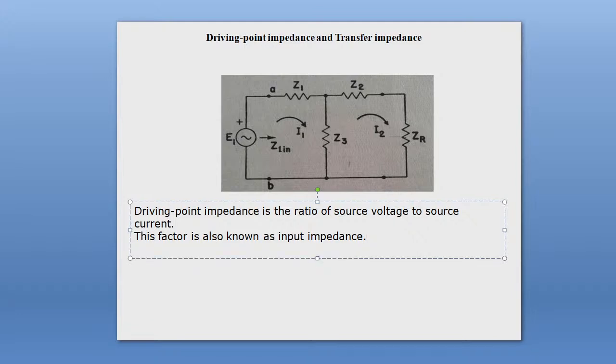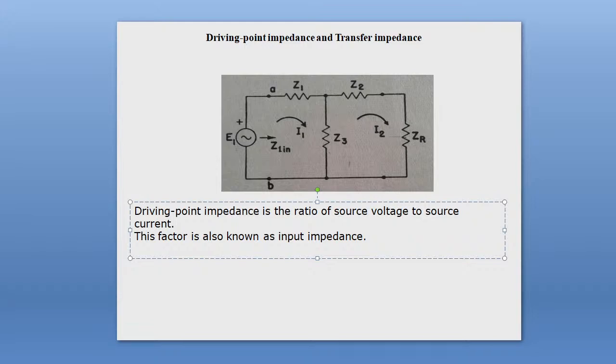What is a driving point impedance? The driving point impedance is nothing but a ratio of source voltage to source current, or supply voltage to the input current of the circuit.